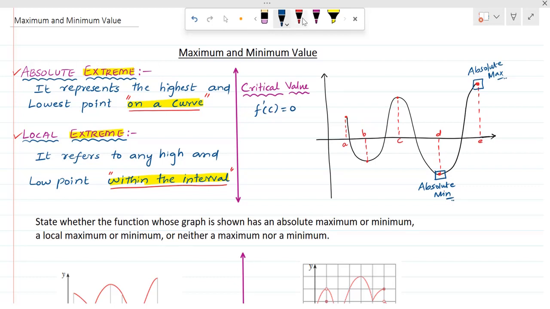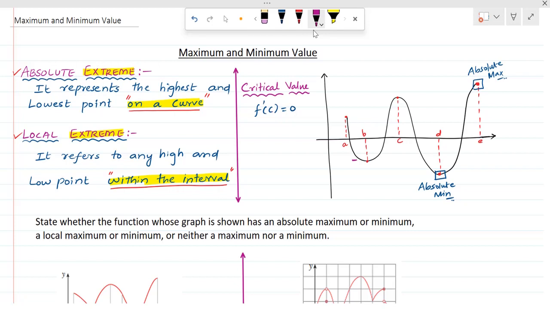Now the next one: how will you calculate the local maximum and minimum? If you see this one, it is going on decreasing, so minus.